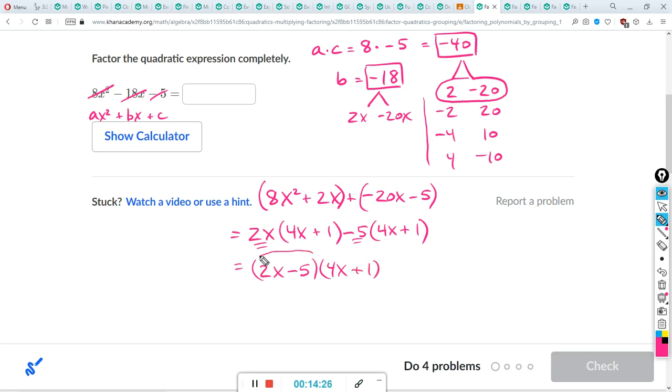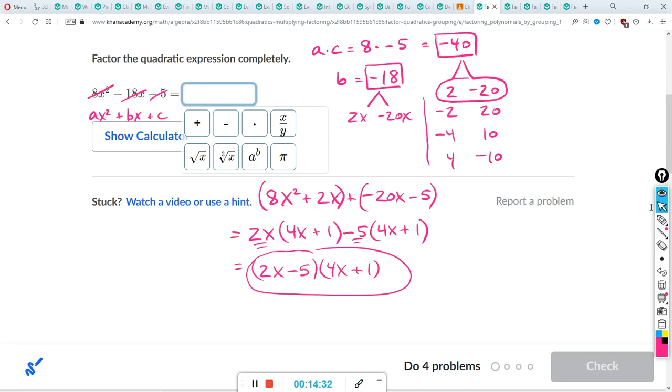That's it. Parentheses, 2x minus 5, hit the right arrow key, parentheses, 4x plus 1.